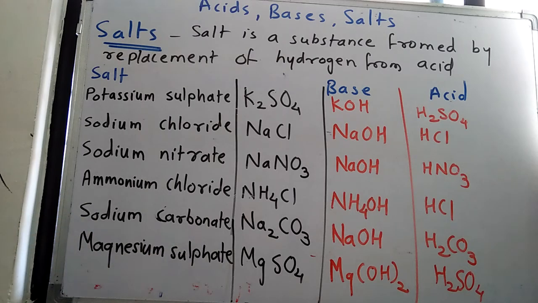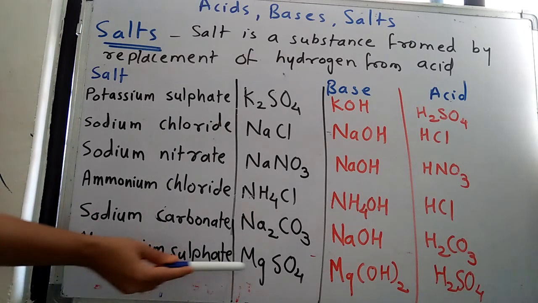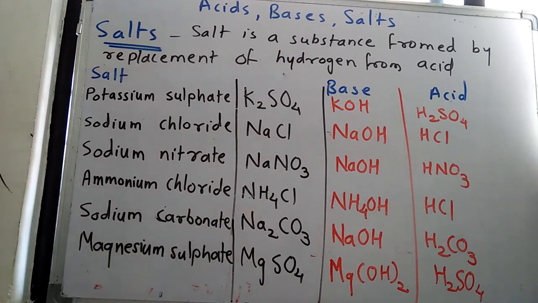The formula of magnesium sulfate is MgSO4. So it is made from the base Mg(OH)2, magnesium hydroxide, and the remaining part is SO4. SO4 means H2SO4. So salt is always made by the reaction of acid and base, in which hydrogen from acid is replaced, and then we get the salt.